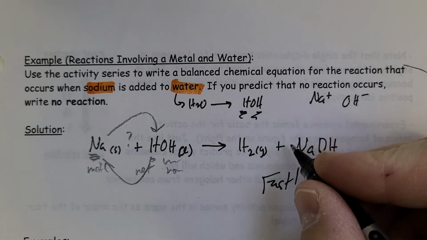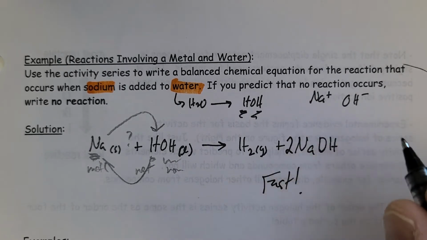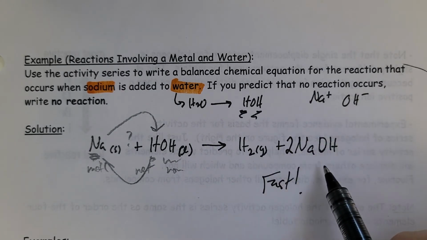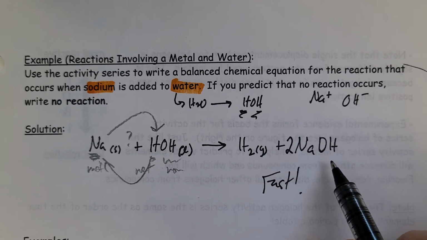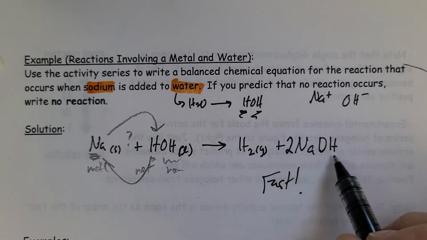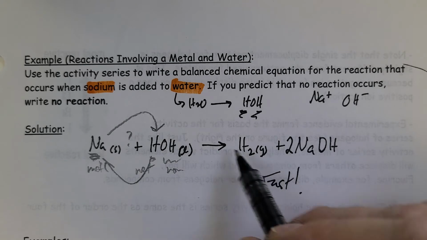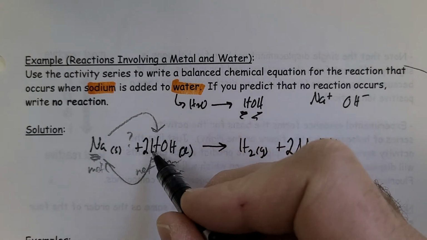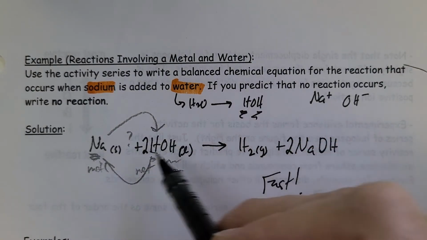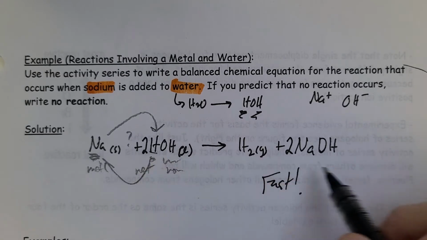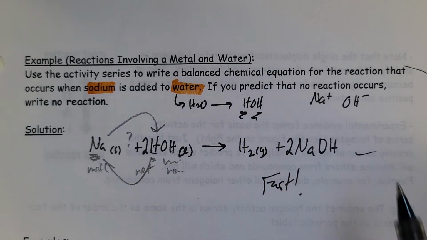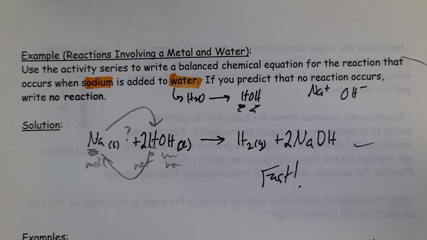So a little trick to balancing that is to place a 2 in front of the compound that is going to give you an odd number of H's. So now I have 2 plus 2 is 4 hydrogens. So if I put a 2 here, I'll get 2, 4. And then 2 oxygens, 2 oxygens. So there we go, it is balanced.